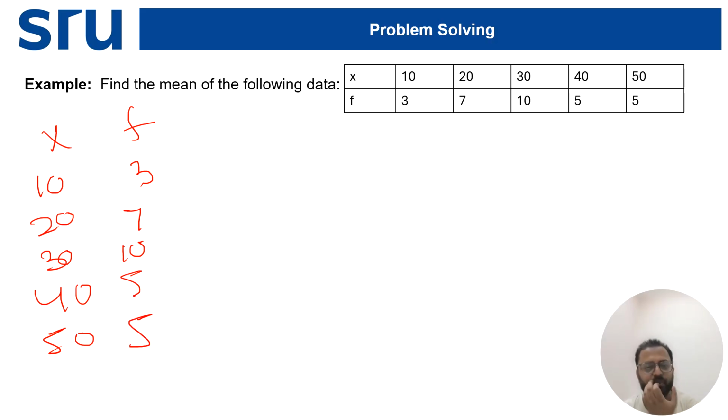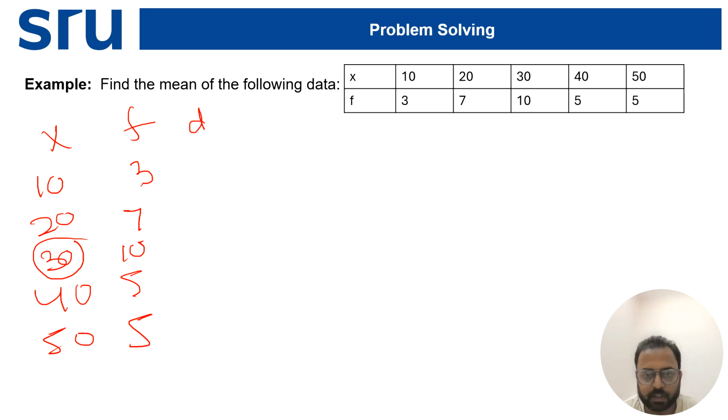First we choose A. How to choose A? We take the middle value with high frequency. We can see that 30 has frequency 10, which is high. So choose A equal to 30.